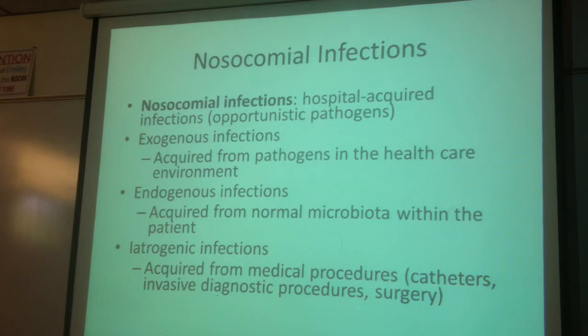What are the things that can make it opportunistic? What are the circumstances? Compromised immunity. What else? Changing the patient's microbiota. If your microbiota changes, then it can suddenly grow out of control. It's not being kept in check. What would be the other thing?